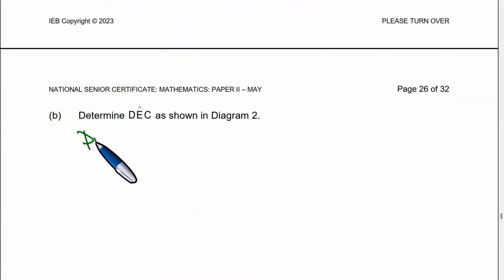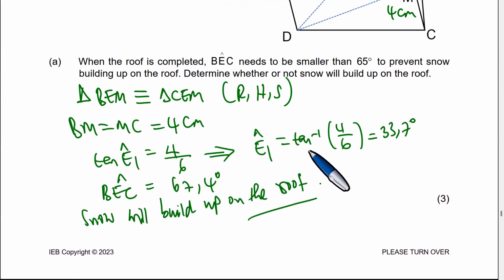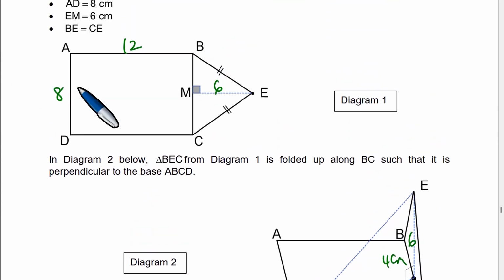DM. DM squared. DM squared is 12 squared plus 4 squared, because AB is 12.